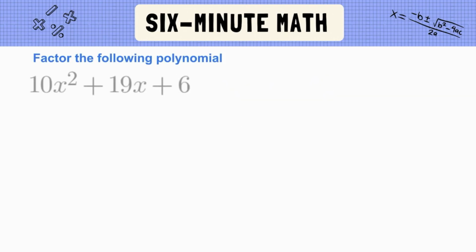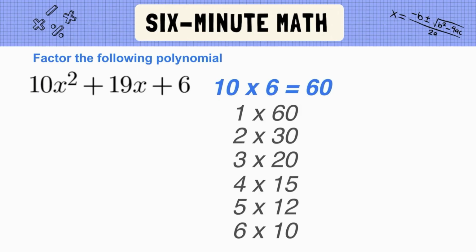On to our last example here. We're going to factor 10x squared plus 19x plus 6. 10 times 6 is 60, and I have my factor U, which I'm going to use to find two numbers that add to that middle b value of 19. We have 61, 32, 23, 19, 17, and 16.